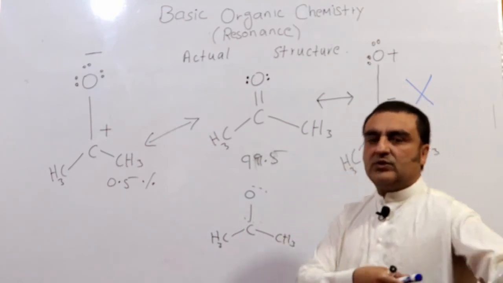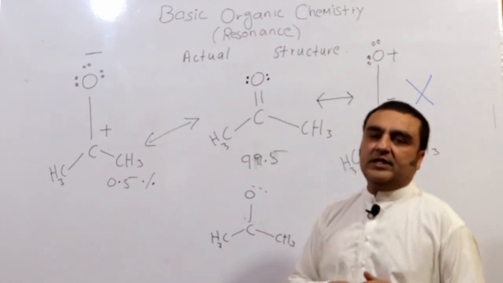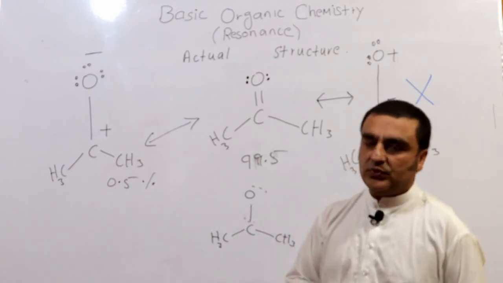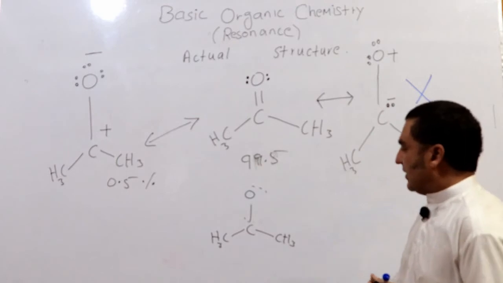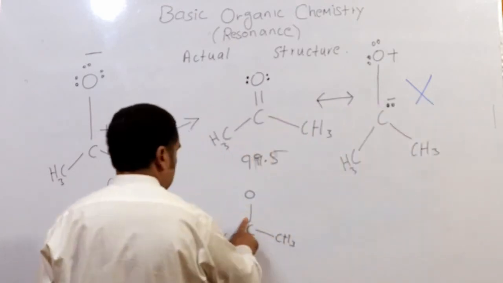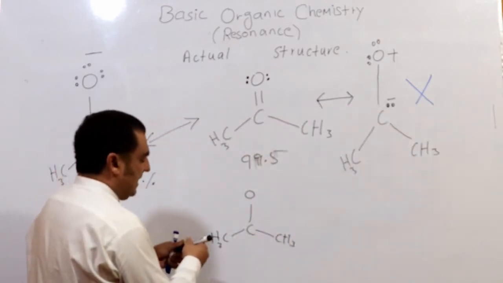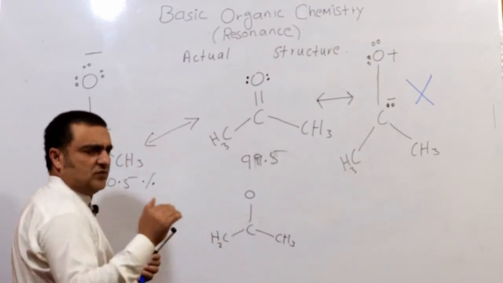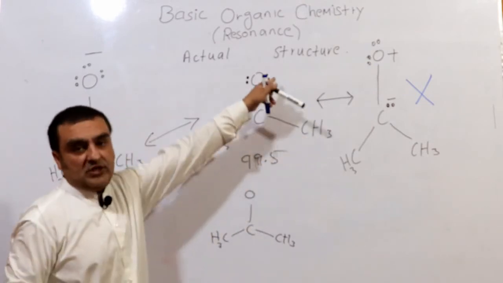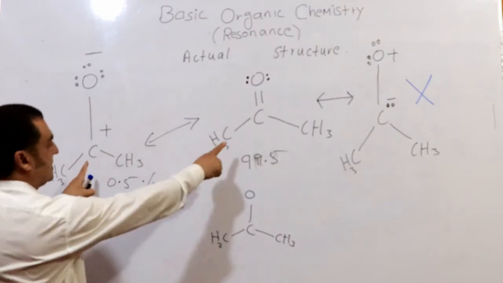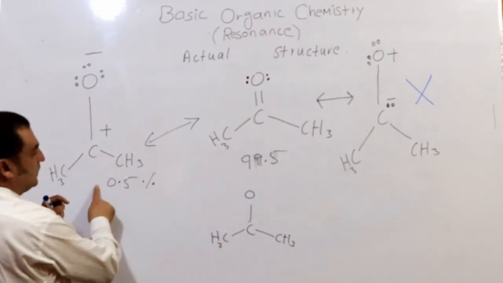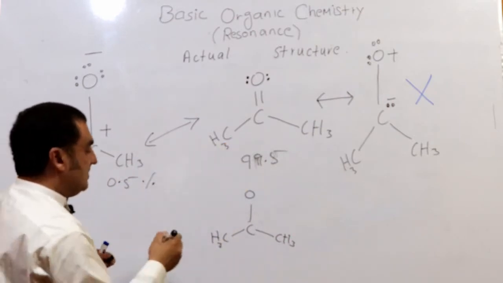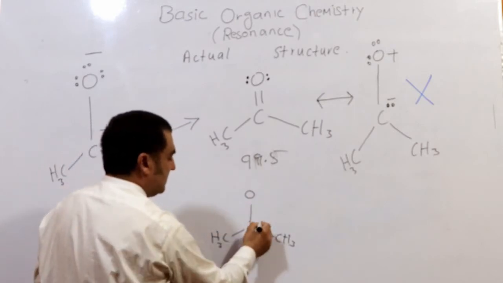If you are confused, you can go and watch the inductive effect again, so it will be clear to you. So this structure will have a little bit of positive charge because of the inductive effect and also because of the resonance effect, because the actual structure lies between those two. So it has a little bit of positive charge and a little bit of negative charge.